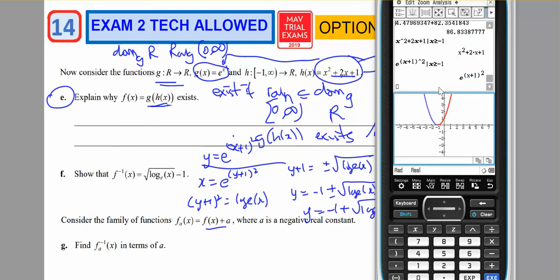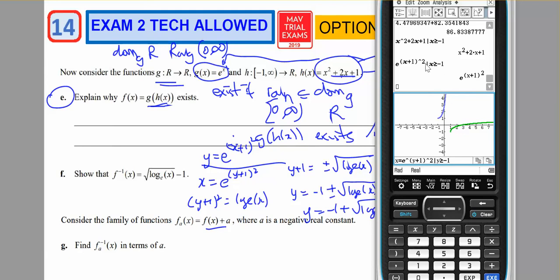So if I graph that and have a look at what I've got, and if I sketch the inverse, that's my inverse.